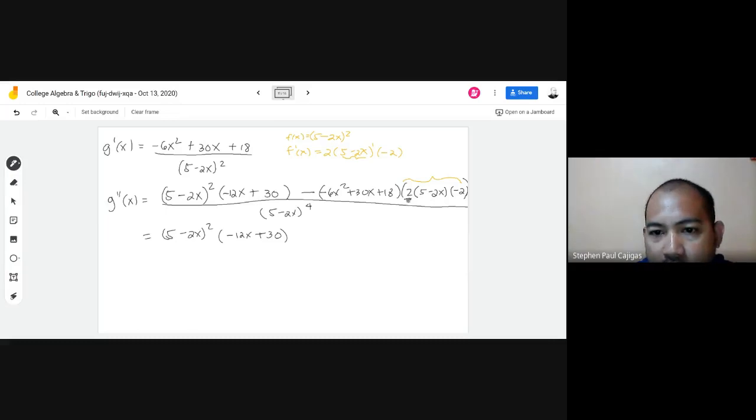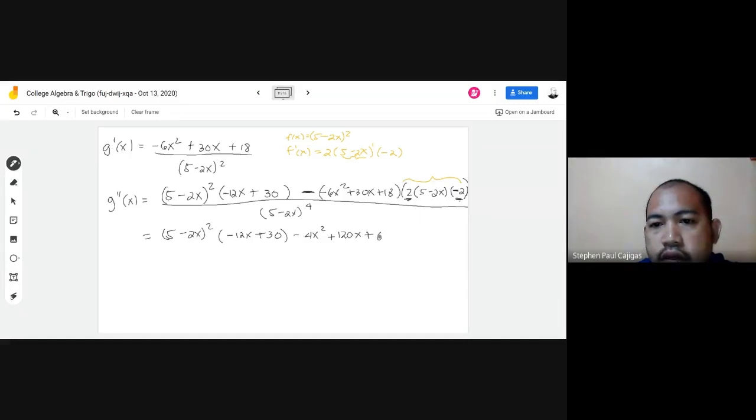So 2 times negative 2 is negative 4, times the negative, it becomes positive. The signs are retained, times 4. So it becomes negative 4x squared plus 120x plus 18 times 4, 40 plus 24, 64.